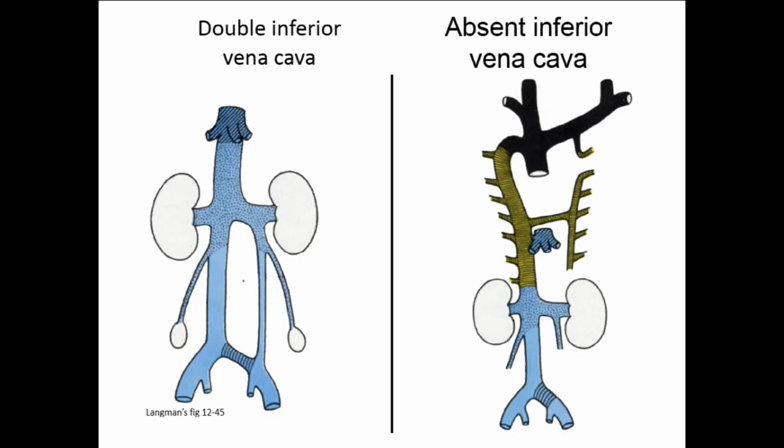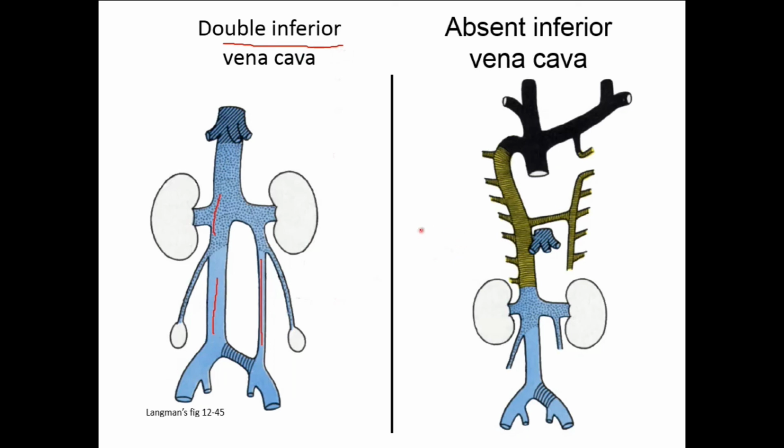Remember that in the sacrocardinal system we had two veins, right and left, and an anastomosing channel, and the right was supposed to form the sacrocardinal segment of the inferior vena cava, which was below the renal segment. So the left sacrocardinal, which is normally obliterated, will persist. If it persists, then we have the double inferior vena cava.